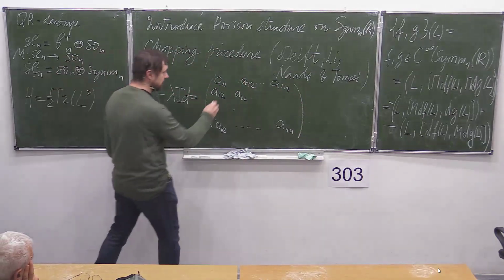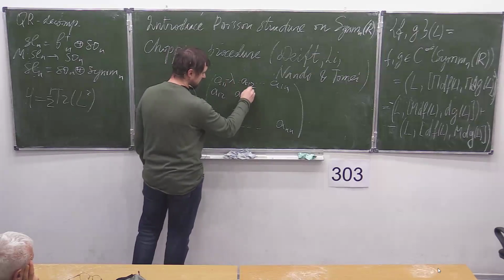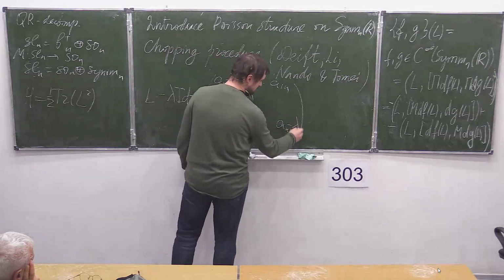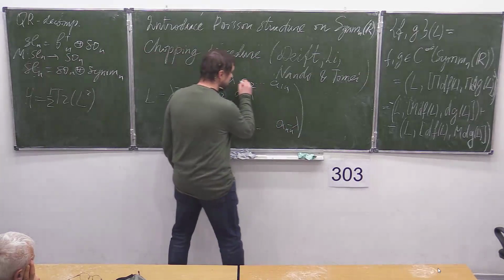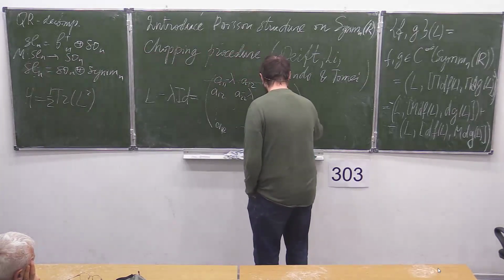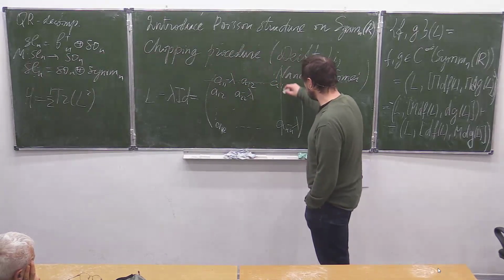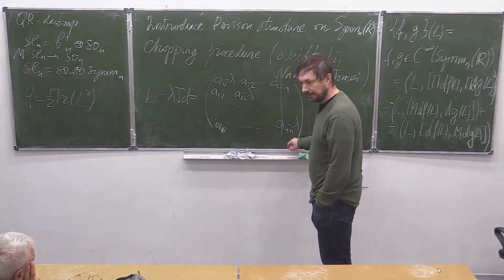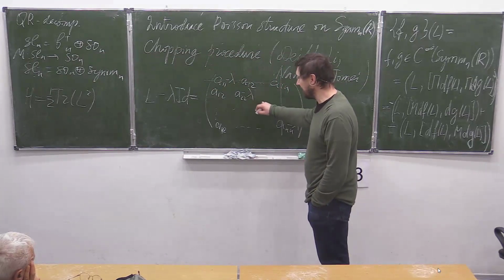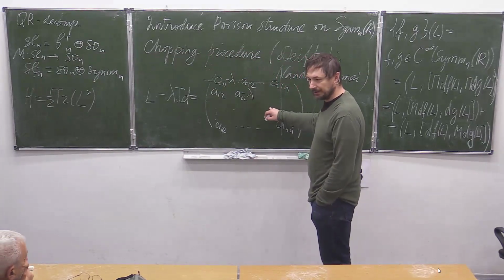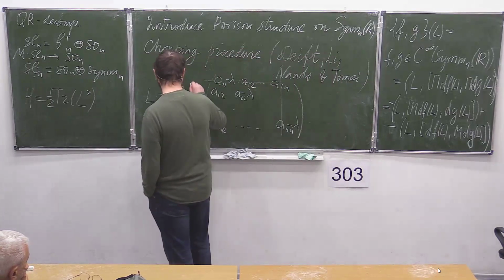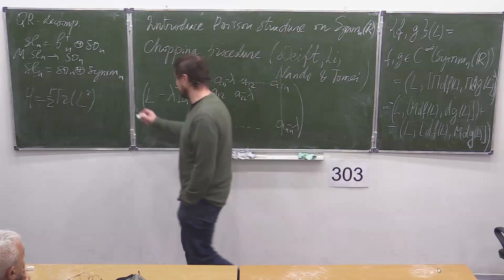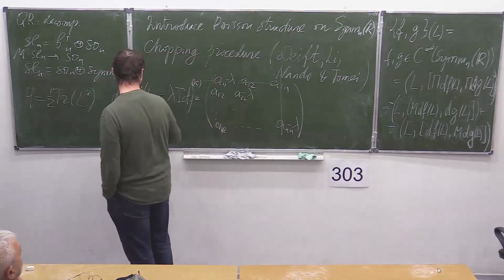So we get something like that. But after this, you do something unexpected. You delete the first k rows and the last k columns. What you obtain will be a matrix depending on the parameter lambda, but now this parameter will stay off the main diagonal. So when you do it k times, you denote this something like that. And then you take the determinant. So this determinant is a polynomial.